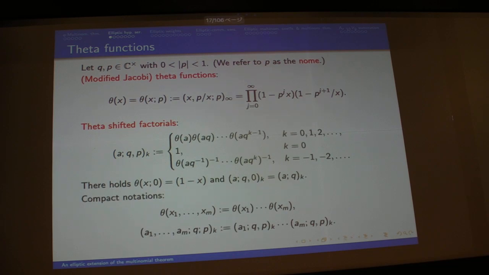Now I'm using compact notations for products of theta. The norm p I'm suppressing, because it is always the same. I'm assuming p to be less than 1 in absolute value. Then I also write a compact notation for these q,p-shifted factorials.